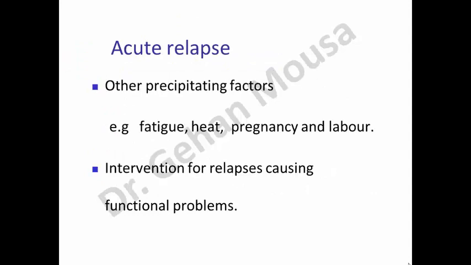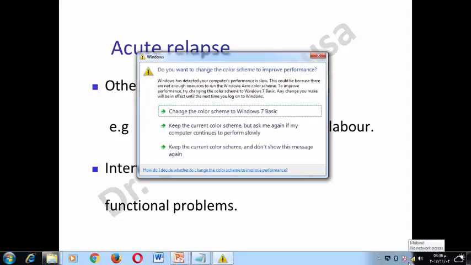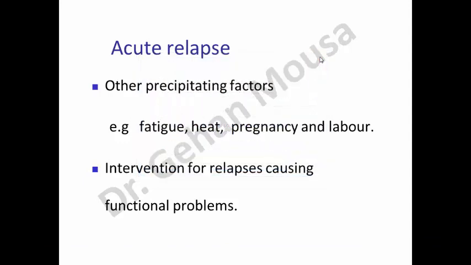Acute relapse may occur. The precipitating factors that may aggravate the symptoms and result in an acute attack may be fatigue, whether physical or mental fatigue. Heat increases the attack and the symptoms.